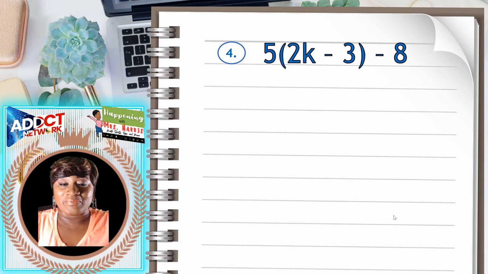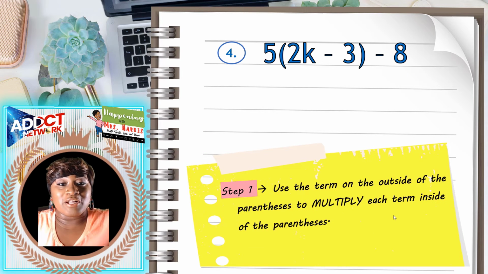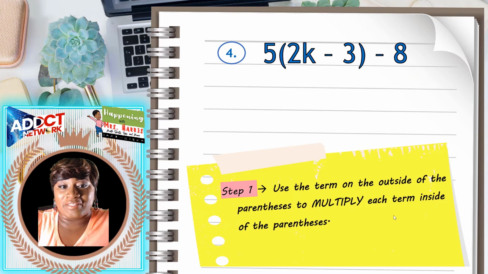Number 4. 5 times the difference of 2k minus 3, minus 8. First, we're going to multiply the term outside of the parentheses, which is 5, times the 2 terms that are inside of the parentheses. Inside of the parentheses, we see 2k and the minus 3.